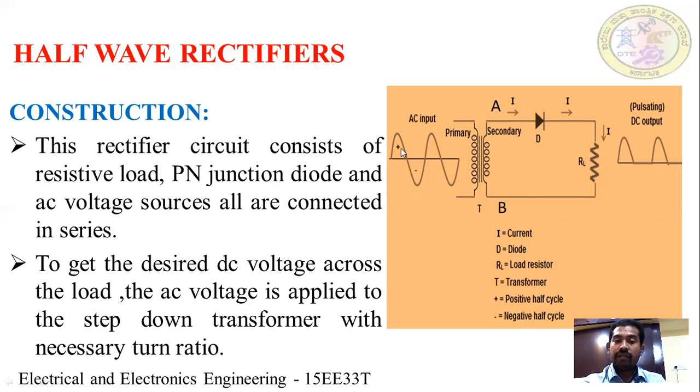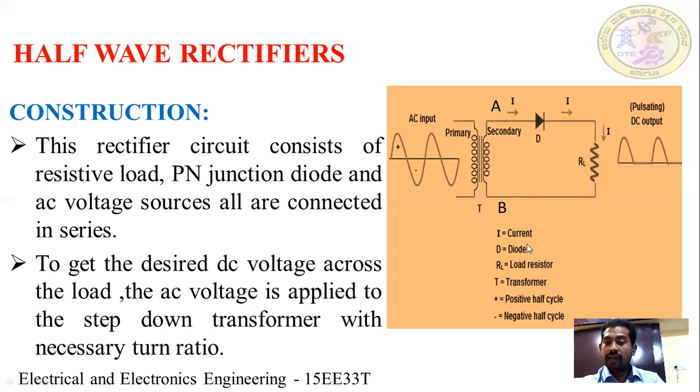Here we are giving input AC voltage and we are getting pulsating DC output. Pulsating means we are getting DC output that has some AC content, which is nothing but ripples. Hence we call this a pulsating DC output.